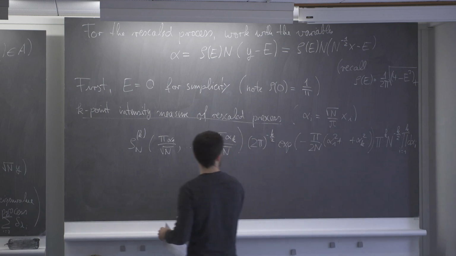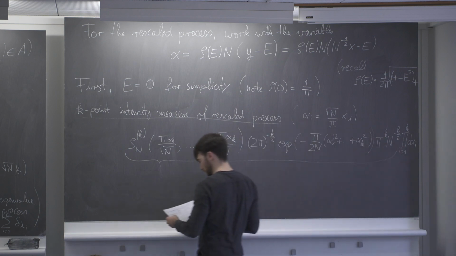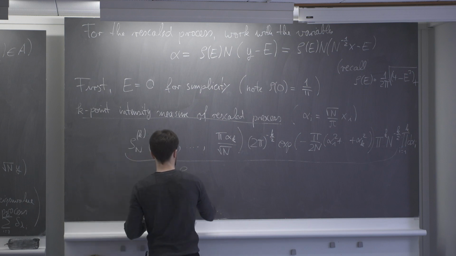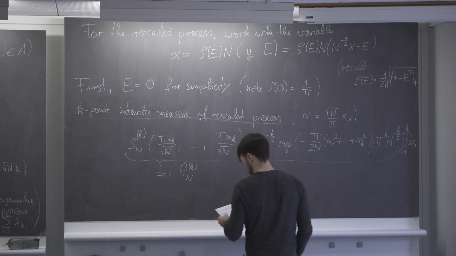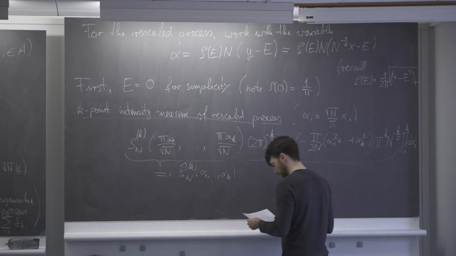And now the object we want to study in the following is this coefficient of the measure, this density. I want to call it rho n hat k, which is a function of alpha 1 up to alpha k.